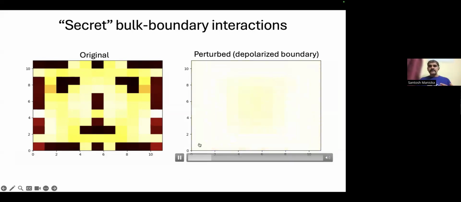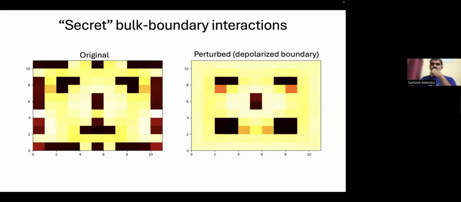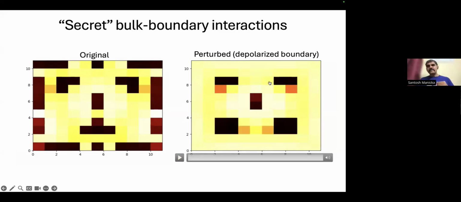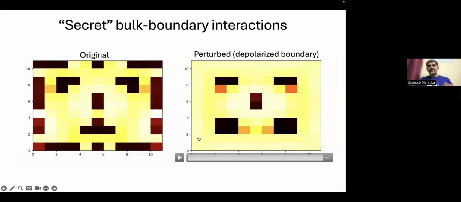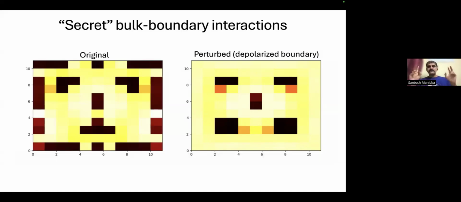So at this point, I forced all the cells in the boundary to depolarize, so they are all yellow. And now you can see that the pattern has changed. It's not the same as the original pattern, but you didn't see any signals propagate from the boundary into the bulk, right? It just seemed to happen in a sort of secret exchange.